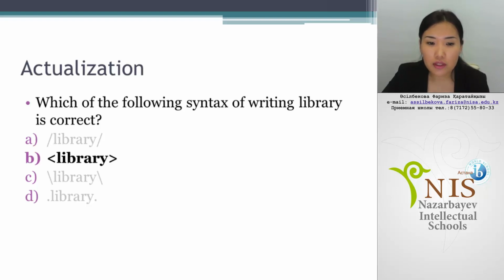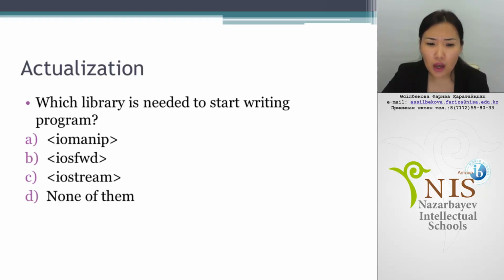The next question is, which library is needed to start writing a program? Variant A, iomanip, it means input-output manip. B, input-output fwd. C variant is input-output stream, and the last variant is none of them.